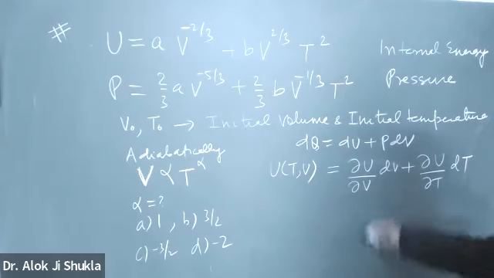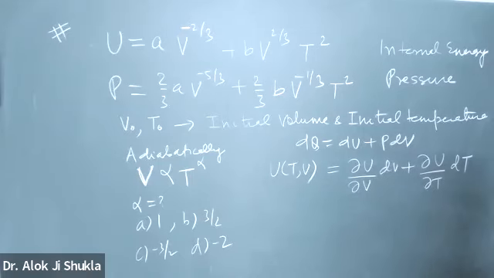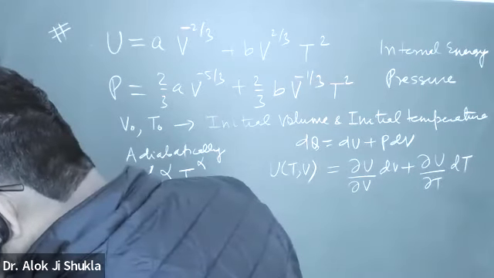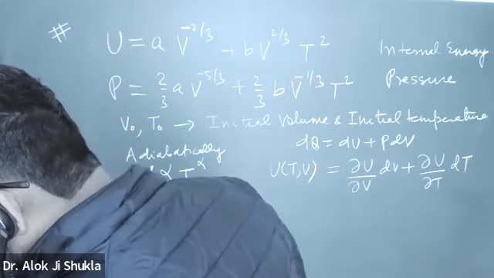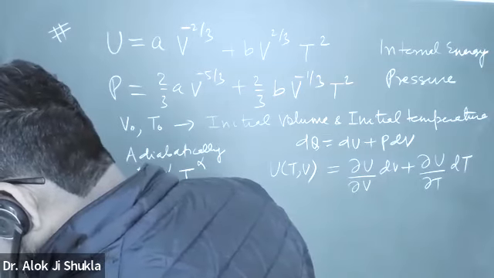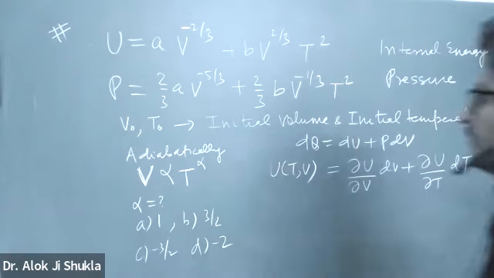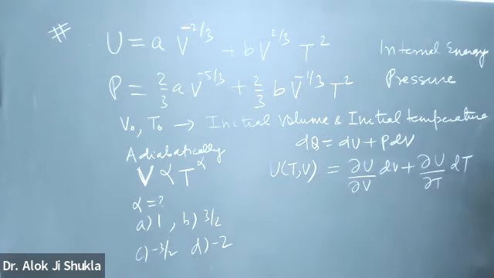So see what we are going to get. What will you get here for du by dv? Do it quickly. How much will we get for du by dt and du by dv? Minus 2 by 3 a v to the power minus 5 by 3 plus 2 by 3 b v to the power minus 1 by 3 into t square. And this is du, no?